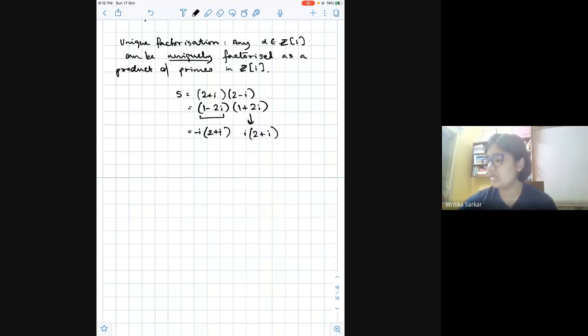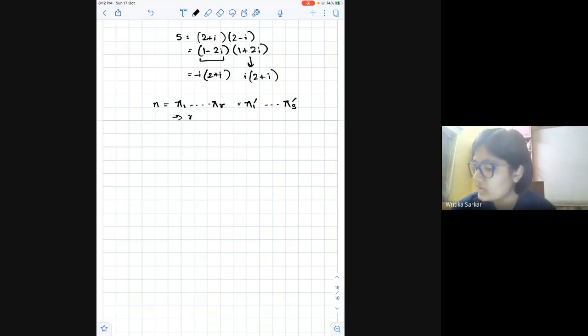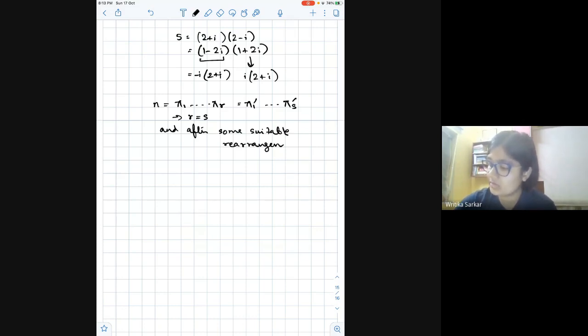So what we mean by uniquely is that if n can be written as pi 1 through pi r equal to pi 1 dash through pi s dash, then number one, we should have r equal to s, and after some suitable rearrangement, you should have pi k equal to u times pi k dash, where u is a unit.